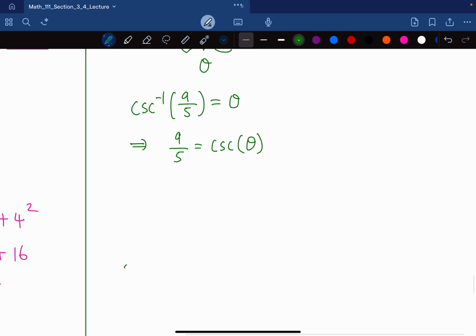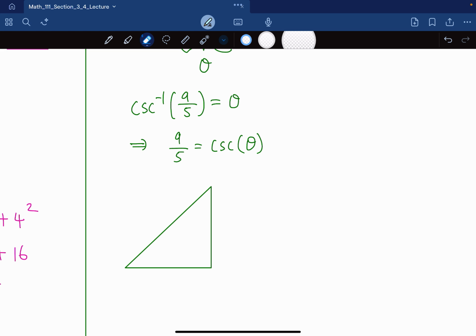From here, we draw our triangle. Theta, while cosecant is hypotenuse over opposite.